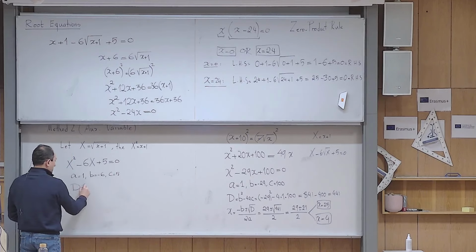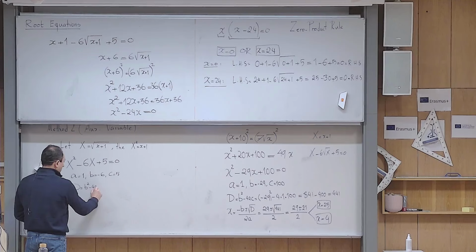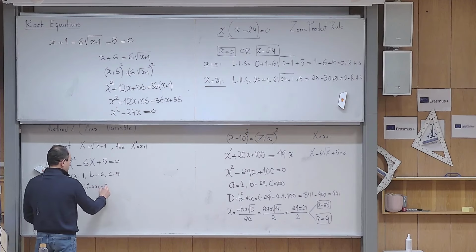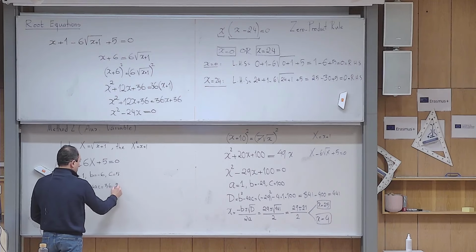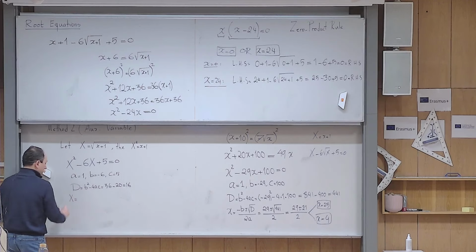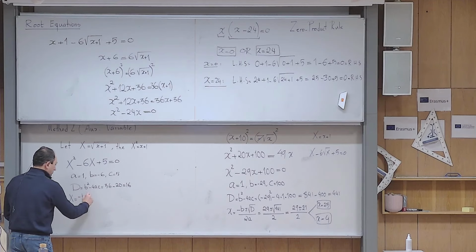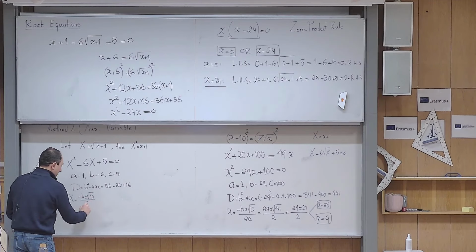D is B squared minus 4AC, which is 1 to power 2, 36, 4 times this one times that one with a negative sign is 20, which is 16. And the answer X becomes what? It is minus B plus or minus the square root of capital D divided by 2A.